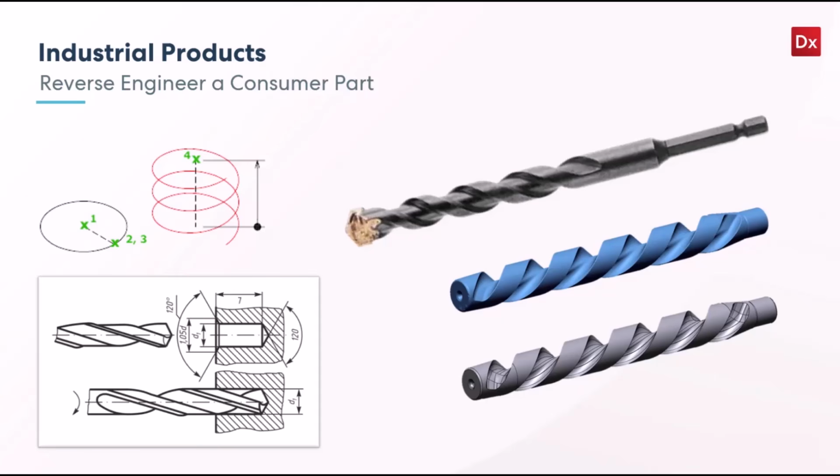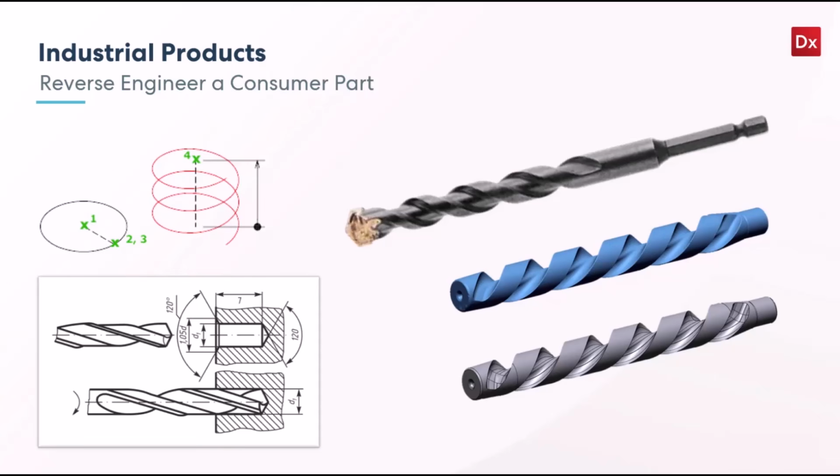And the general information that we need to gather is the profile that was used to sweep about the helix, and then some key dimensions, which we'll cover when we're inside of DesignX. And once you have those, then you can create a helix and then sweep and cut it away and create the geometry. And it becomes a little more simple after that.